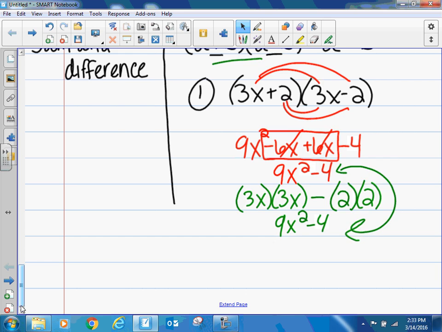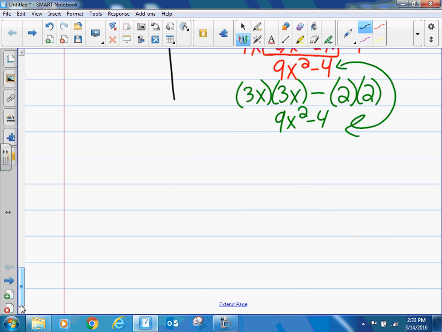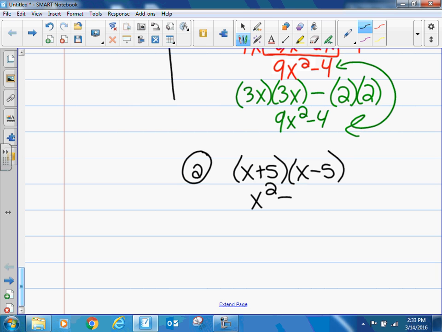So let's look at another example. For this, I have x plus 5, x minus 5. So I know that I'm going to square my first term. So x times x is x squared, minus 5 times 5 is 25. And there it is. You don't have to do any of the foiling. All you have to do is square your first and square your last.